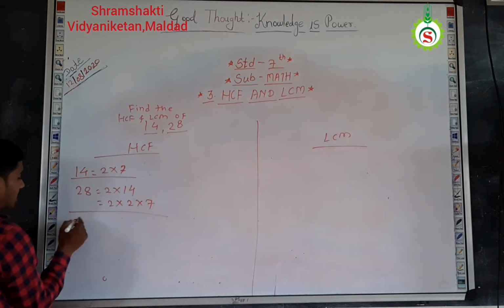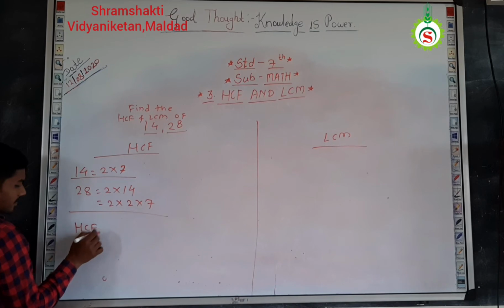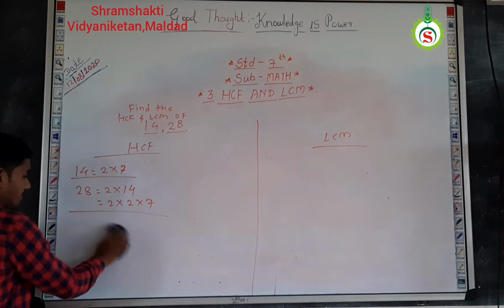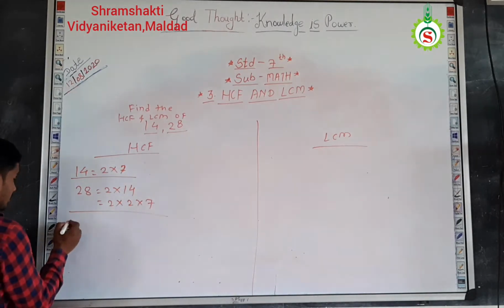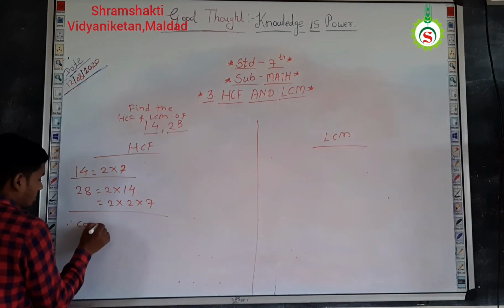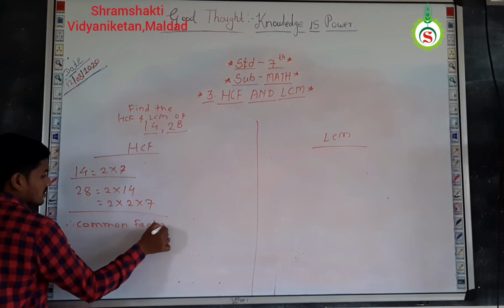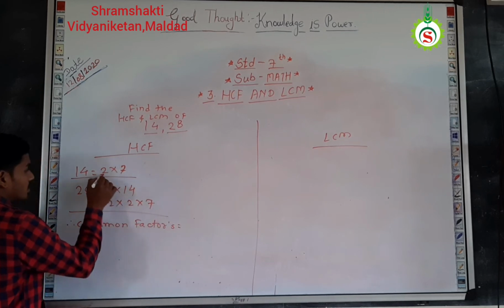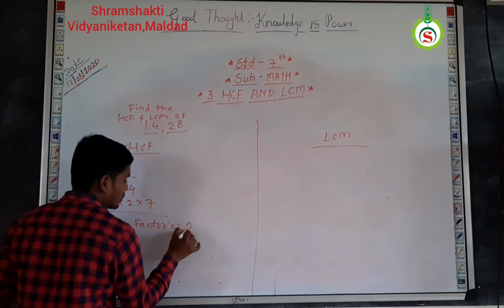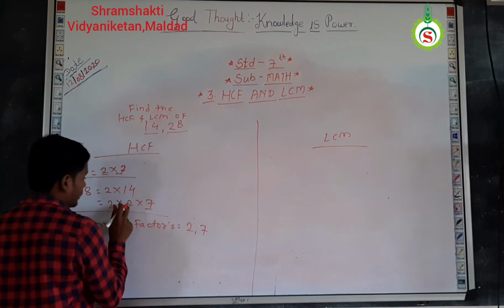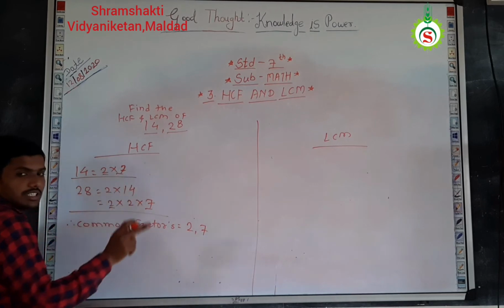Now if I want to find out the HCF, then first I have to take the common factors from the factors. Therefore, the common factors: 2 is here, 2 is here, so 2 is common. 7 is here, 7 is here, so 7 is common. That 2 is here but not here, that means it is not common.